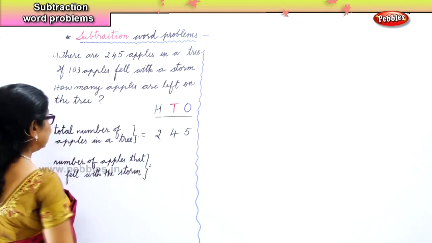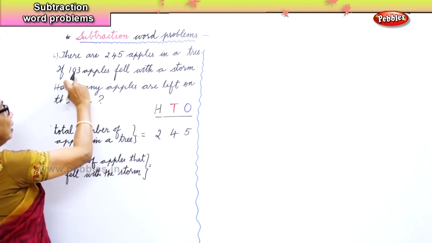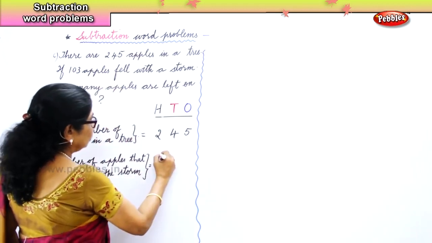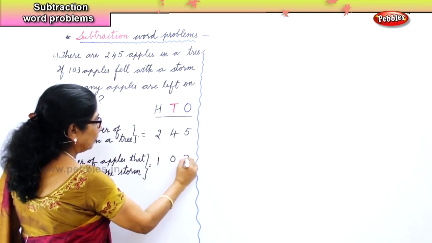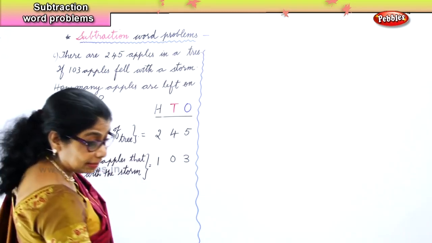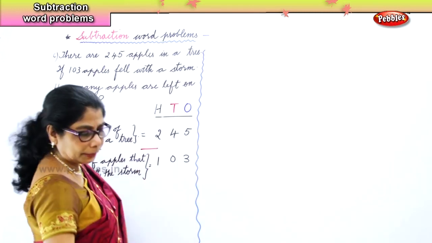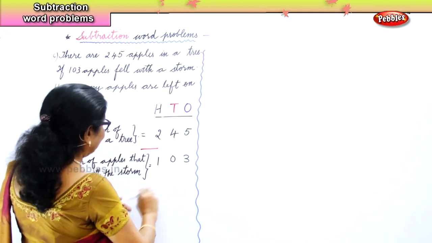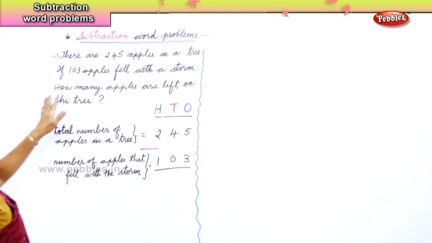Number of apples that fell with the storm is 103. So we have to minus 245 minus, take away 103. Now, what is the next statement, the last statement?